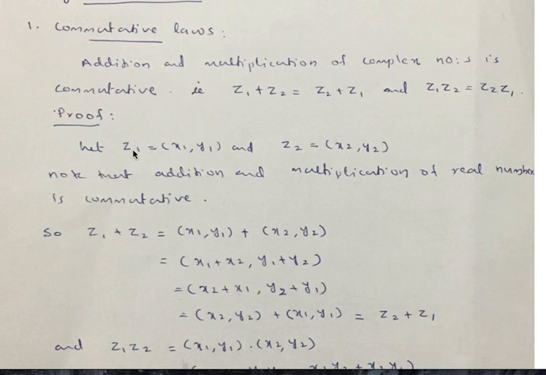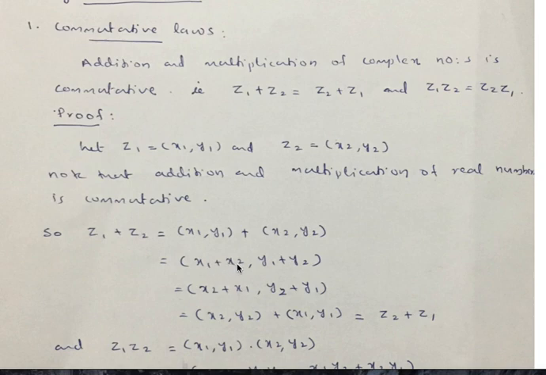Now let z1 equal (x1, y1), z2 equal (x2, y2). We just have to show that z1 plus z2 is equal to z2 plus z1, which is very easy to prove. Look at z1 plus z2, (x1, y1) plus (x2, y2). Just add the corresponding real and imaginary parts. You get this. Now here, this is the crucial step. Here x1 and x2 are two real numbers. You know the addition for real numbers is commutative.